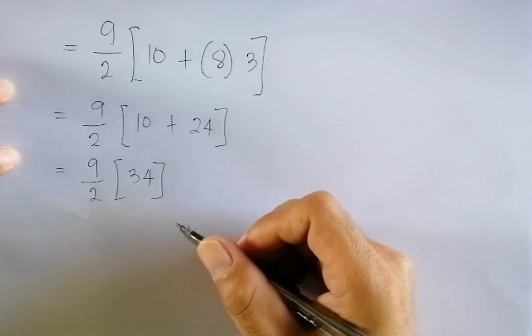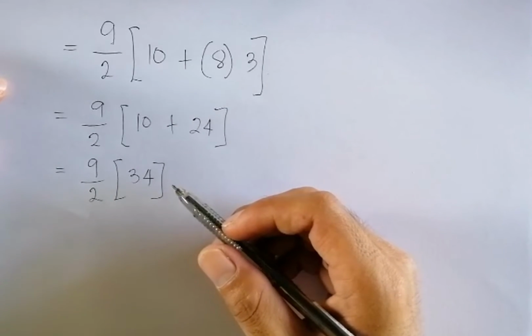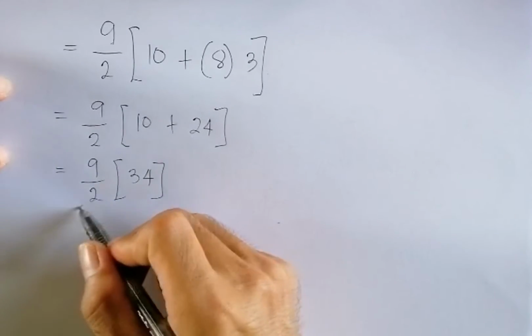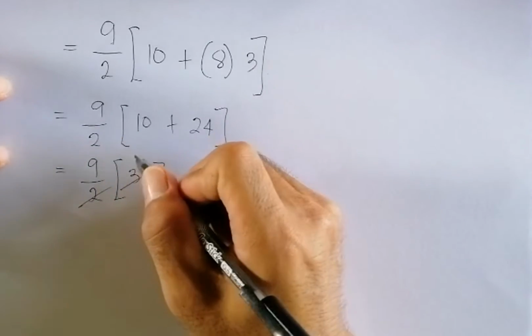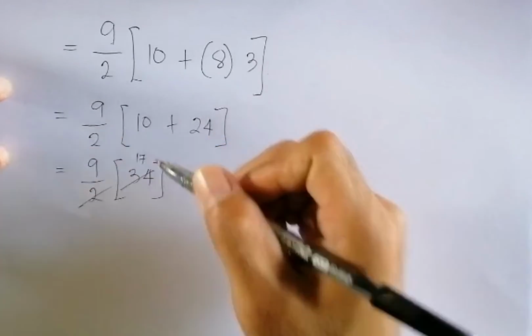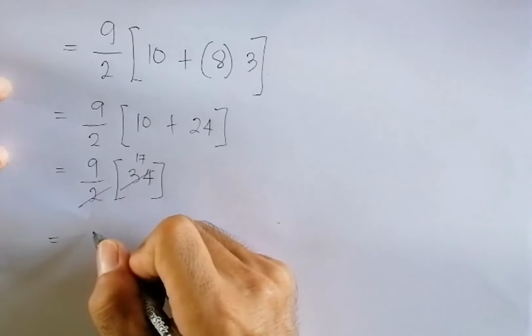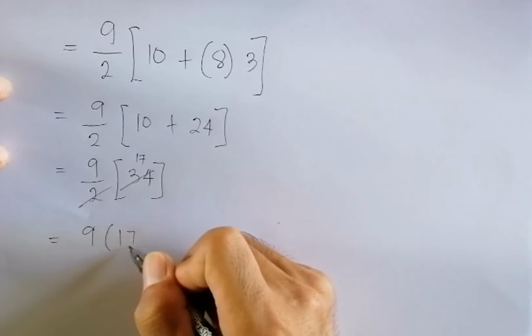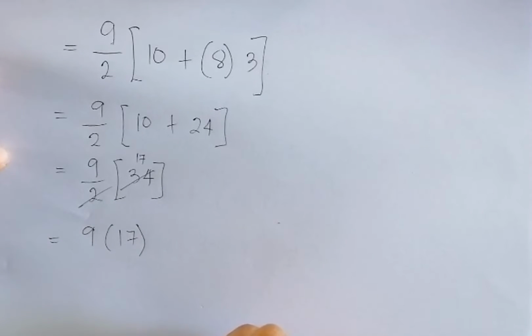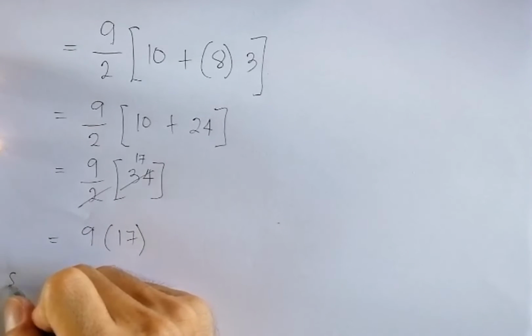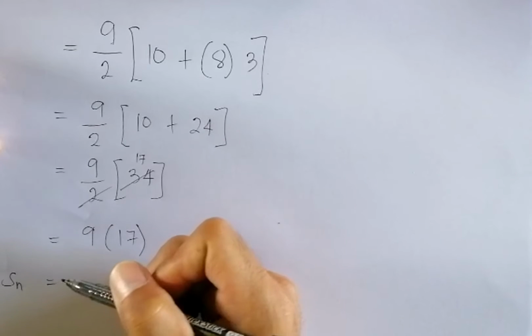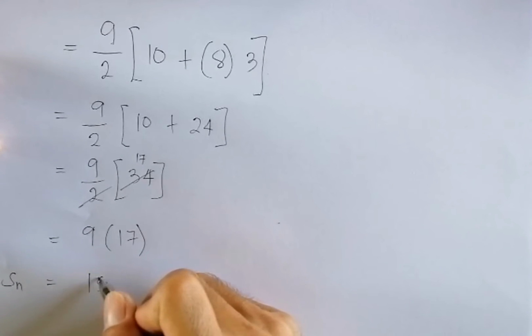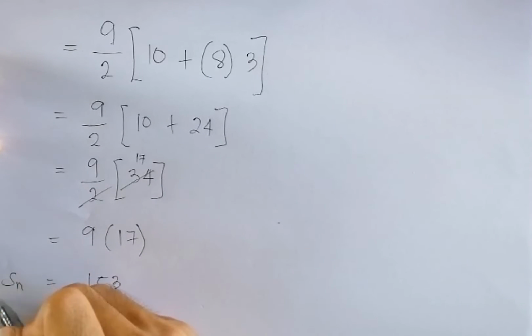And we can divide 34 by 2, so that is equal to 17. So we have 9 times 17. So S sub n is equal to 153.